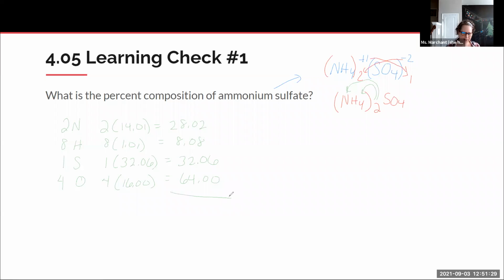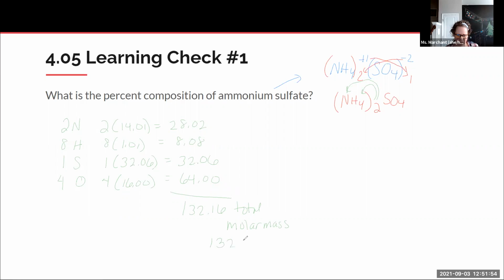What's the total mass of everybody? Let's add up those numbers. 28.02 plus 8.08 plus 32.06 plus 64 gives you a total of 132.16. That's the total mass, or that would be the molar mass of ammonium sulfate.